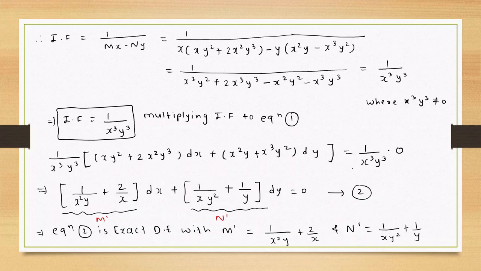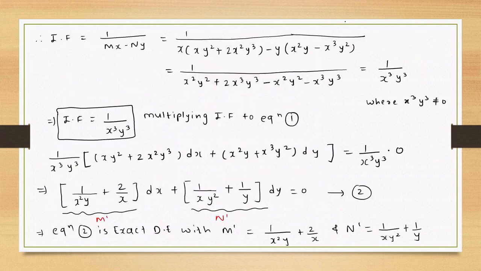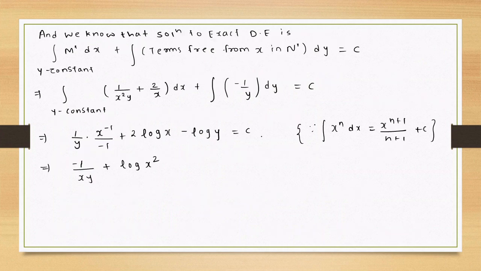This is plus, because what is N here? It is x into (xy plus x square y square). So just correct it, this is plus. Now this is also plus. So plus log y is equal to c.